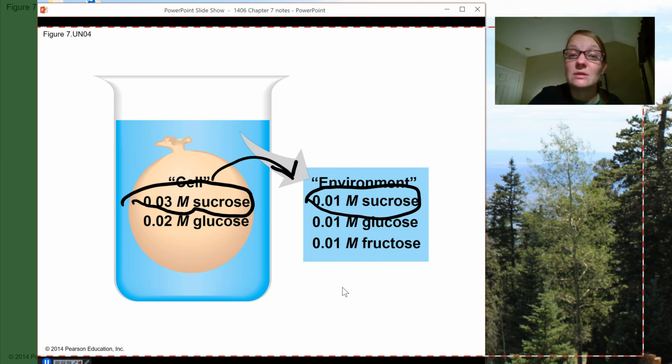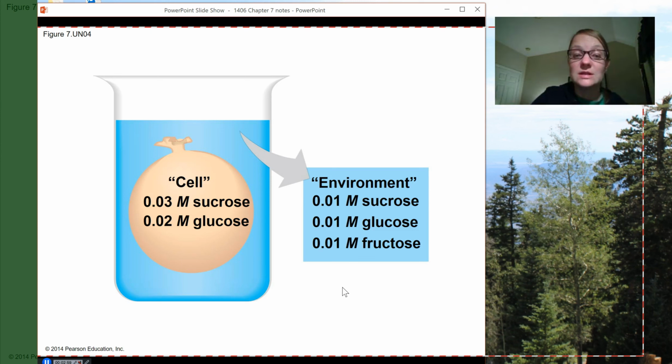Once the cell reaches equilibrium with the environment, what is going to be the concentration of that sucrose? Well, let's take a look. We have, let's say, a total of 0.03 molar sucrose on the inside of the cell, 0.01 molar sucrose on the outside of the cell. Assuming equal volumes of these two solutions, what we could do is simply take the two concentrations and add them together.